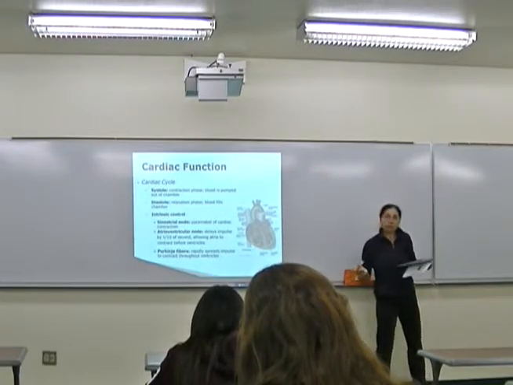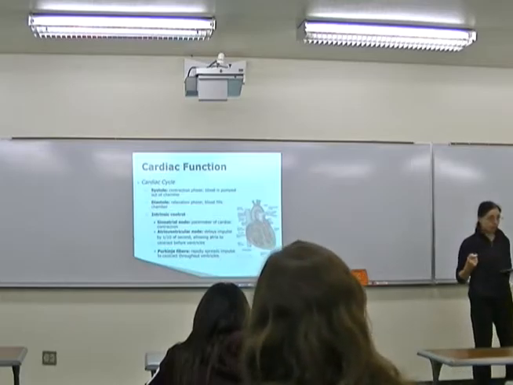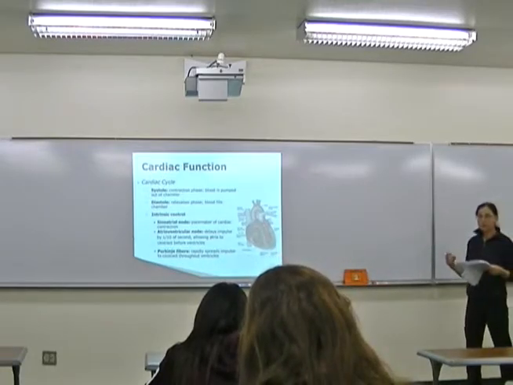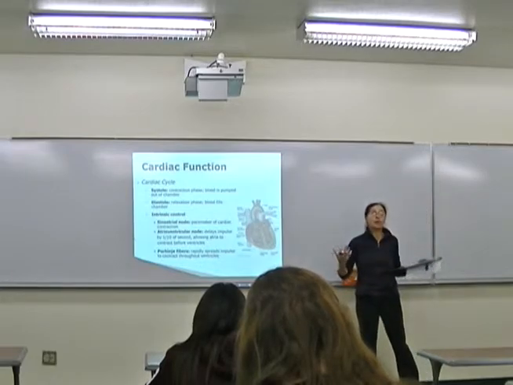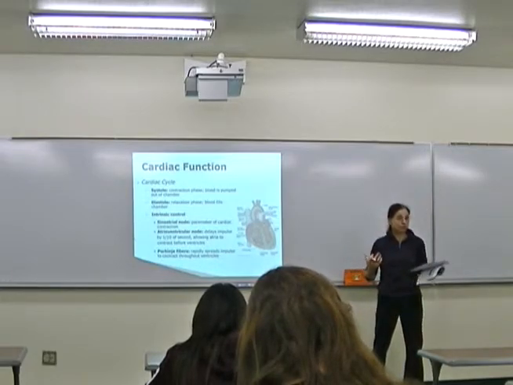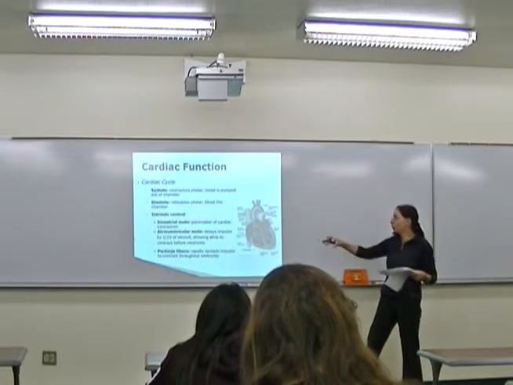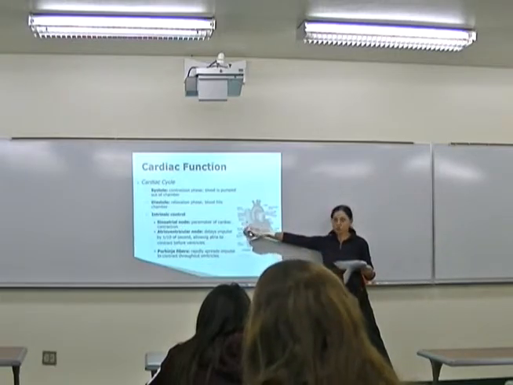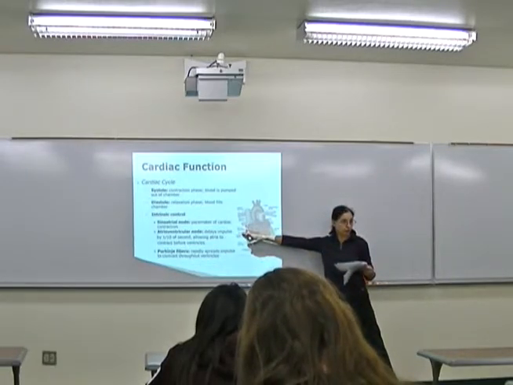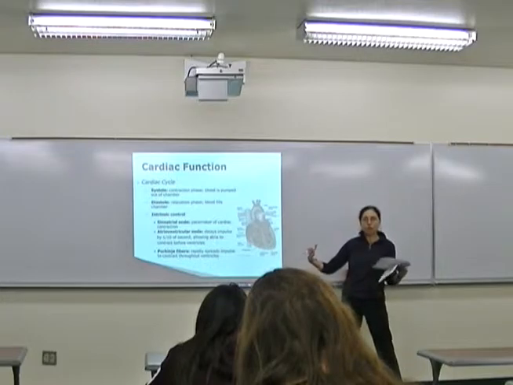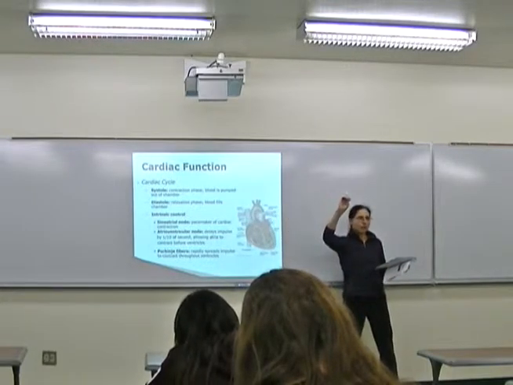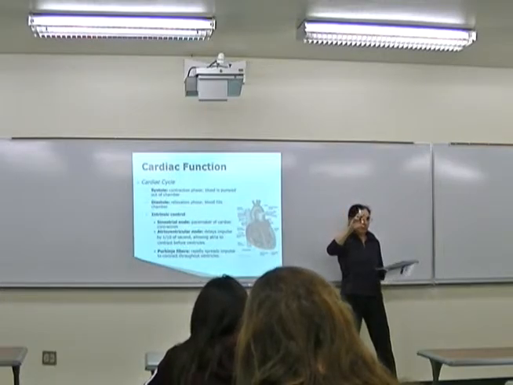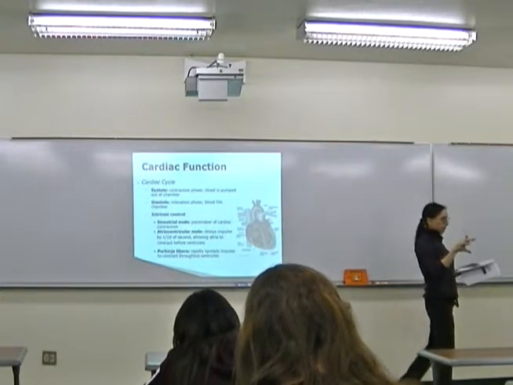The SA node is also called the pacemaker for your heart. You might know people who've had a pacemaker added to their heart. That often occurs if the SA node stops working correctly. We know enough about how this works that we can add a fake pacemaker to someone's heart now.